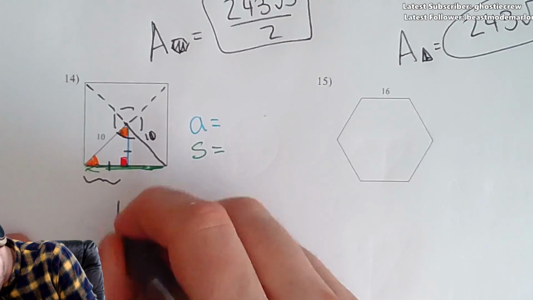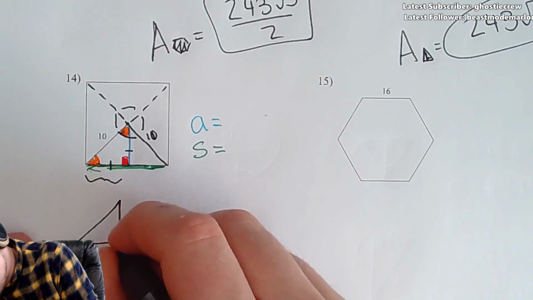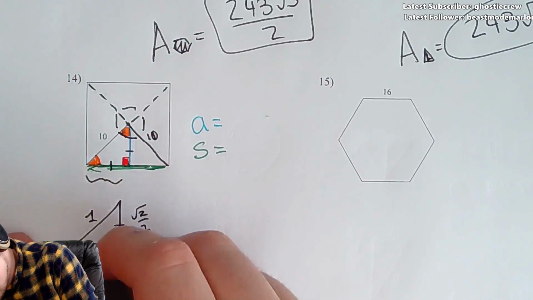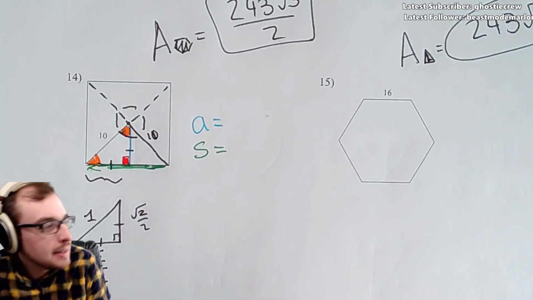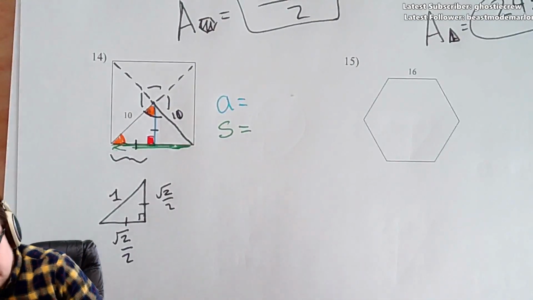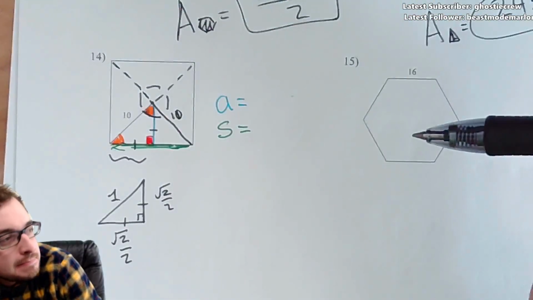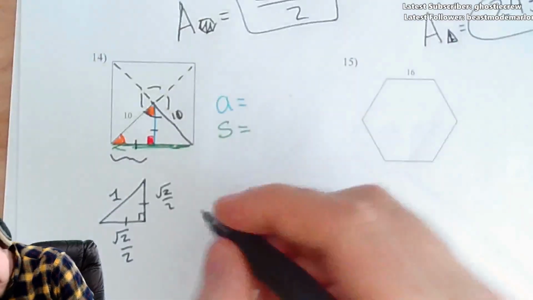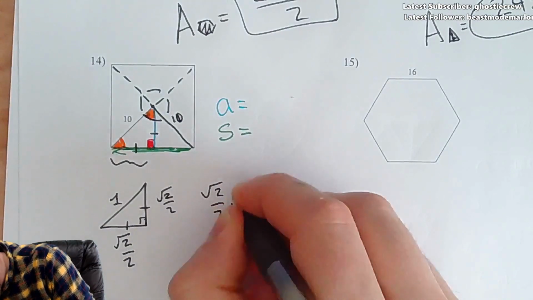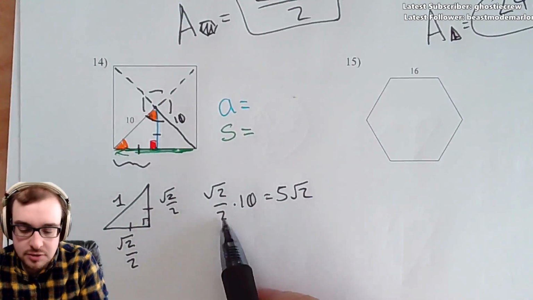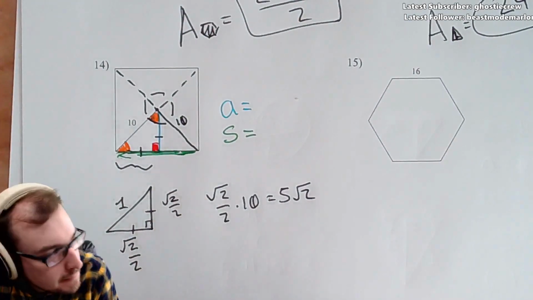Now remember in our base triangle for a 45, 45, 90, when the hypotenuse is 1, this is root 2 over 2. So if this is 10, that's 10 times bigger. So we do this guy times 10. 5 root 2. 10 divided by 2 is 5, times root 2 is 5 root 2.